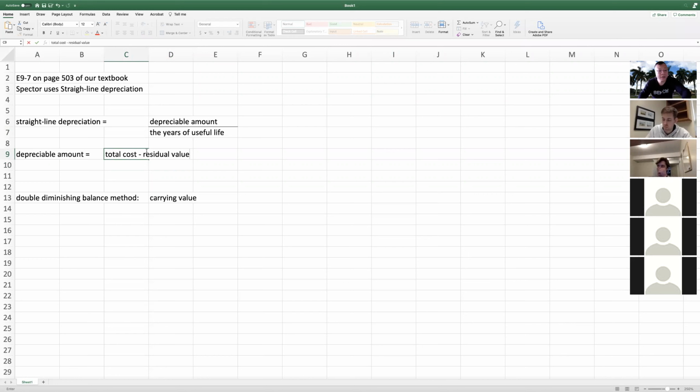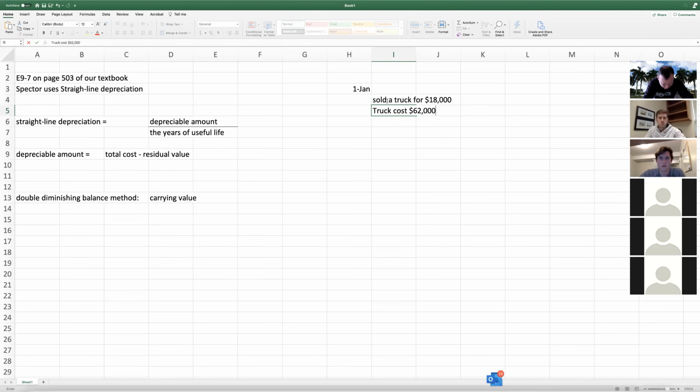Thank you. Okay, so on January 1st, they sold a truck. They sold the truck for cash, 18,000, right? What's the cost of the truck? Truck cost is 62,000.